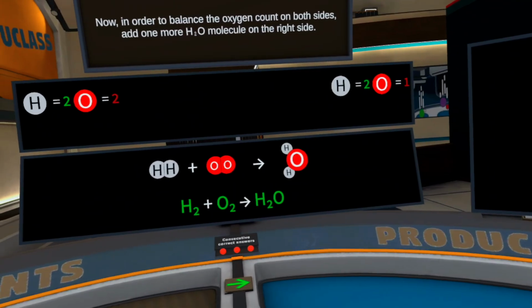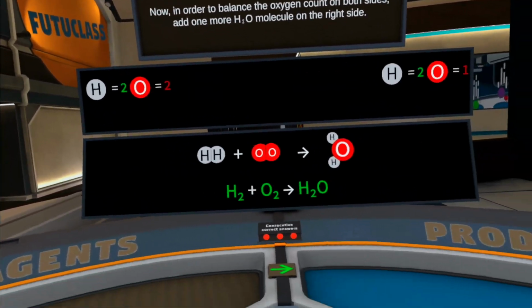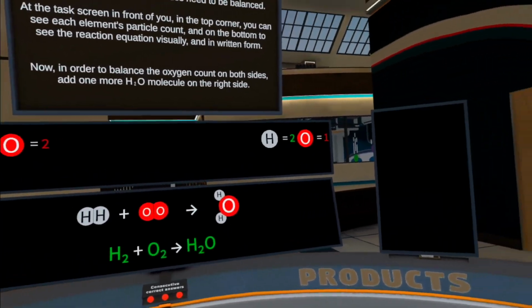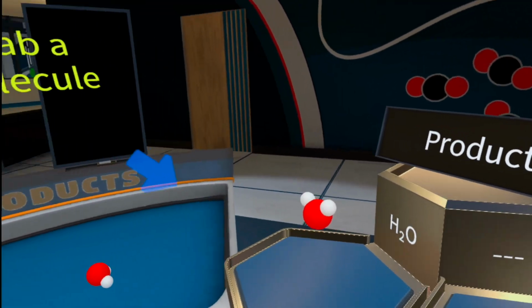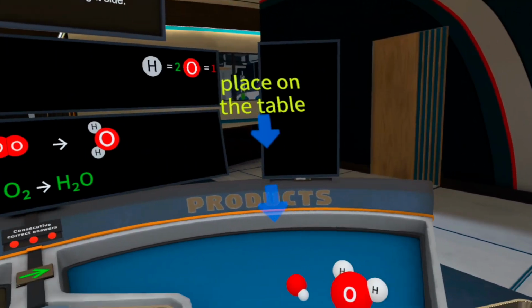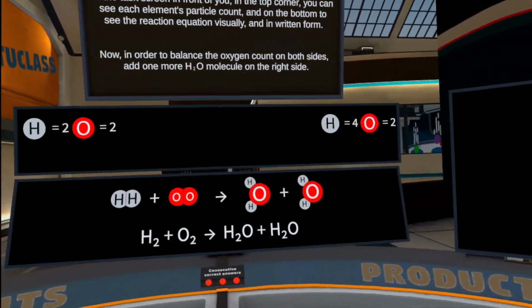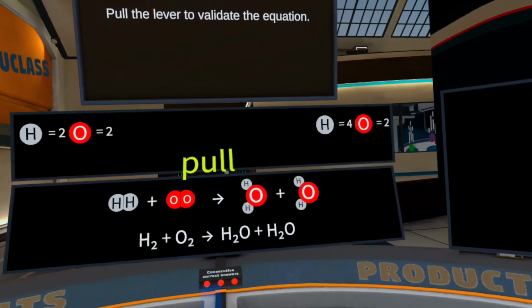Now, in order to balance the oxygen count on both sides, add 1 more water molecule on the right side. Pull the lever to validate the equation.